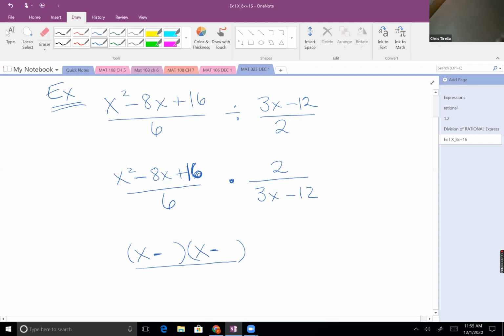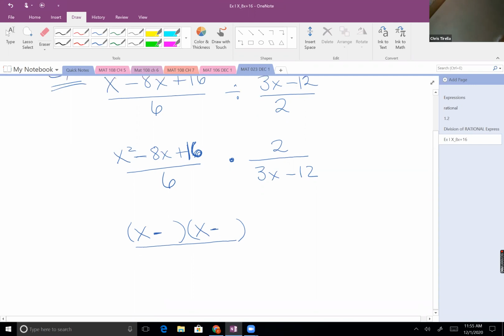And let's see, multiply to 16, add to 8, I think would be 4 and 4. We'll have the 16. We'll leave the 2. And then 3x minus 12. There's a common factor of 3. When we divide that out, we'll be left with x minus 4.